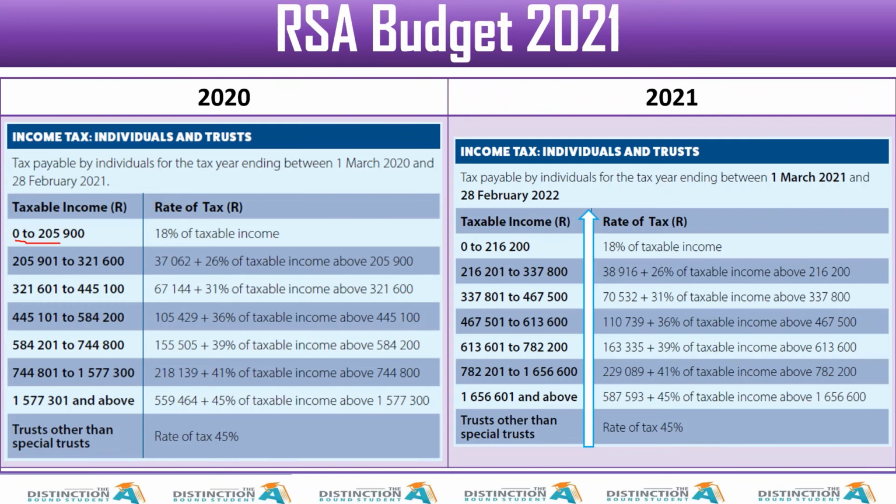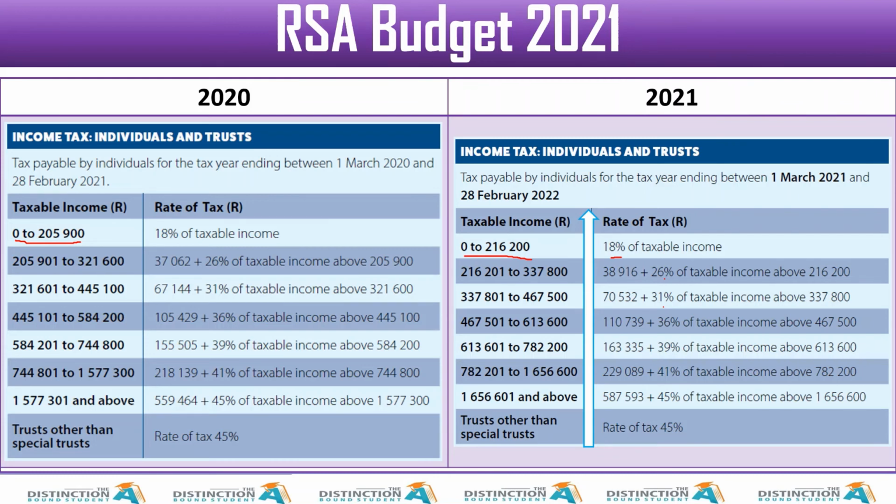Take note: it was 0 to 205, it's now 0 to 216. If you compare 2020, the brackets changed, but the percentages stayed the same. Look here, 18, 26, 31, nothing changed.